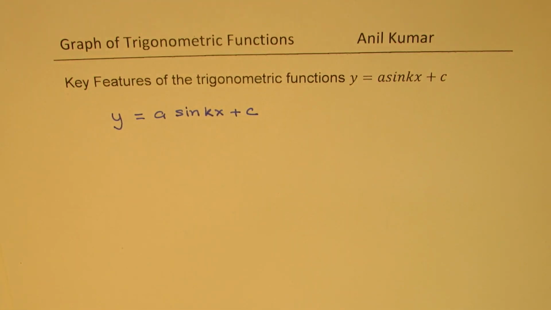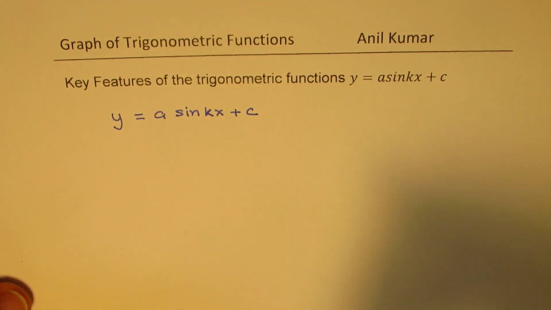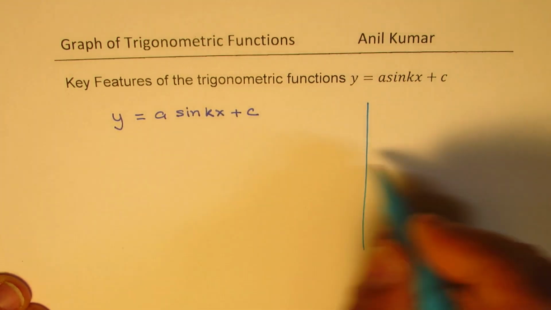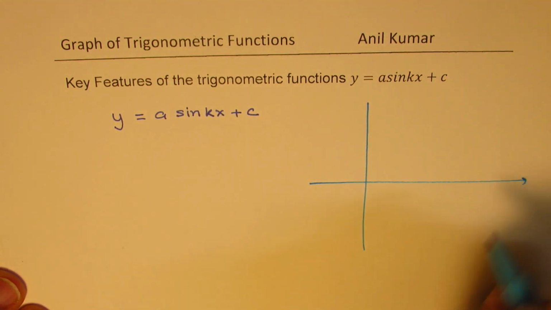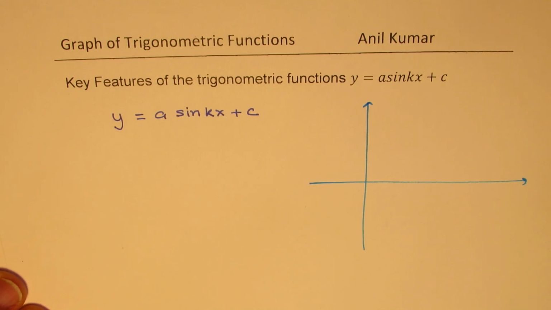Let us assume that all these values are positive. In that case, on a graph, we could represent it in the following fashion.